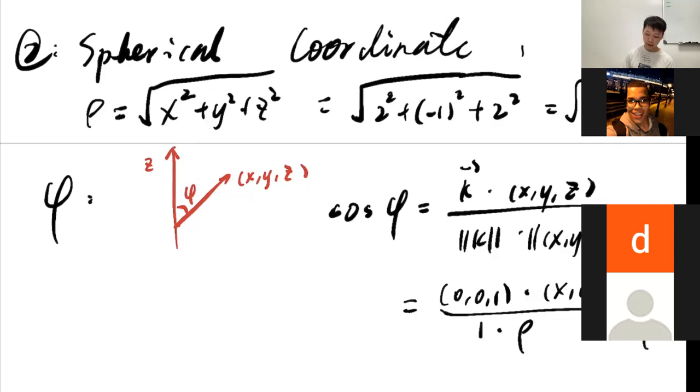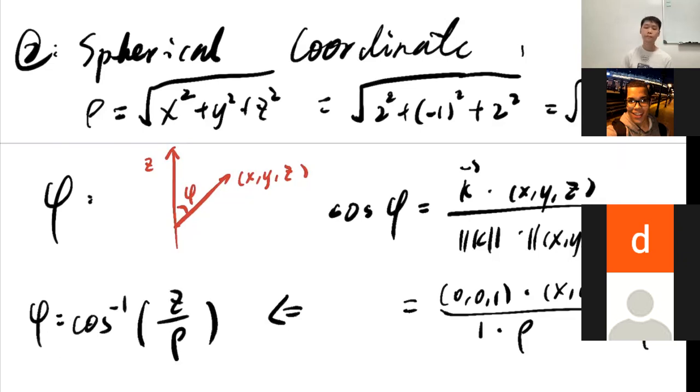So cosine phi is z over rho, because the angle between the vector and the z-axis is strictly between 0 and pi. So the arccosine makes sense in this case. Phi is equal to the arccosine of z over rho.